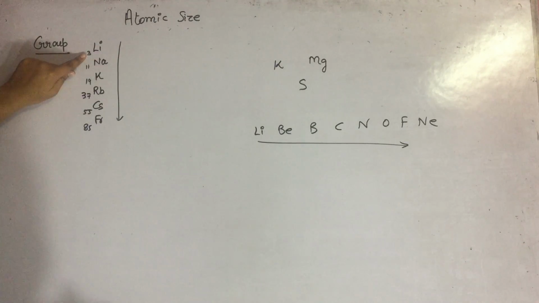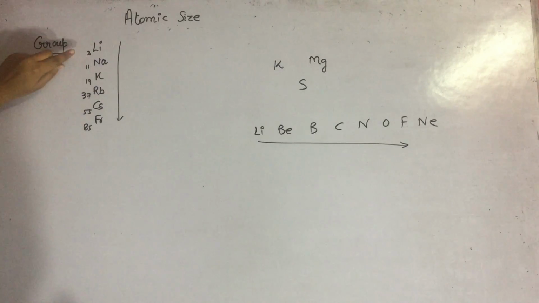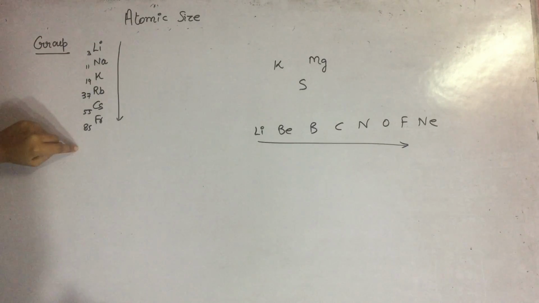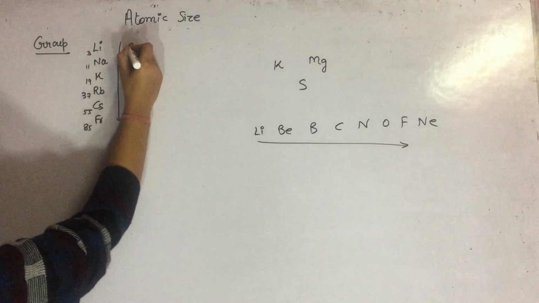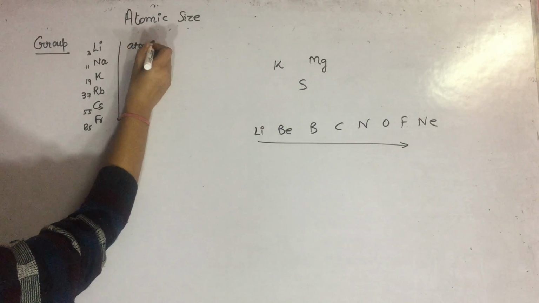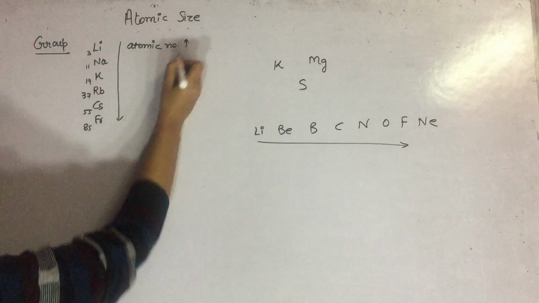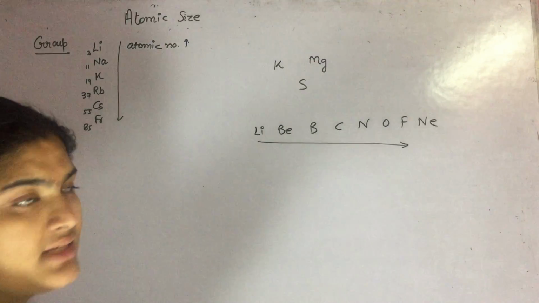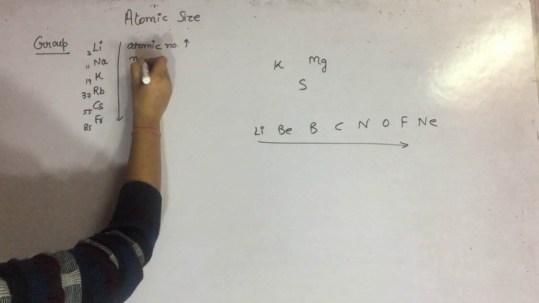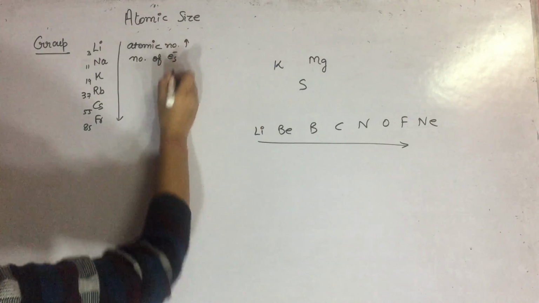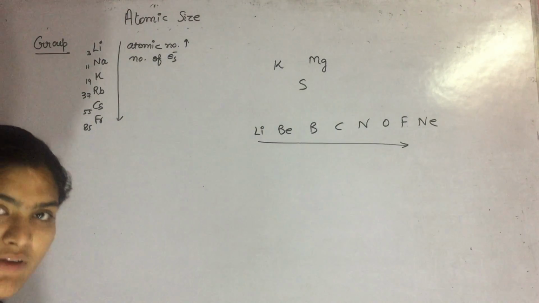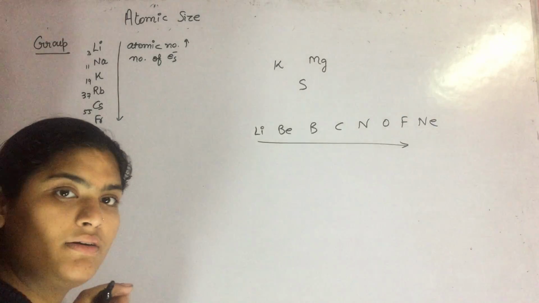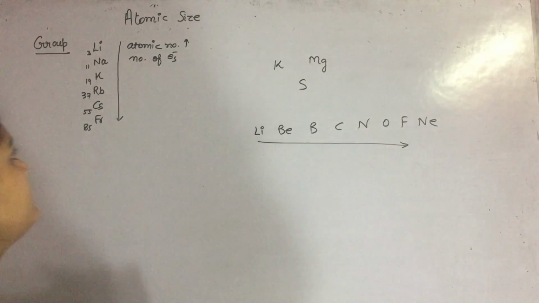So as we are moving down the group, we can see that they have increasing atomic number. If atomic number increases, then the number of electrons will also increase, because atomic number is just the number of electrons for a non-charged species.